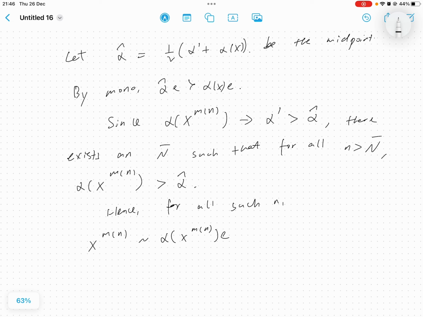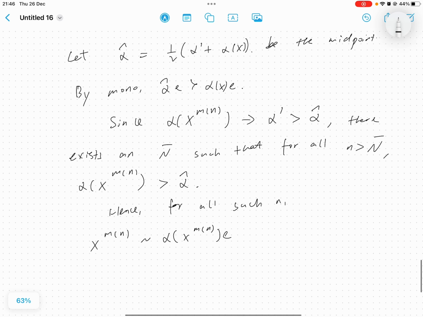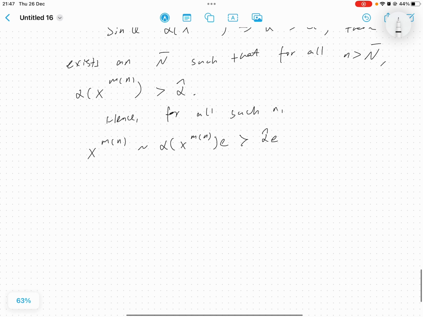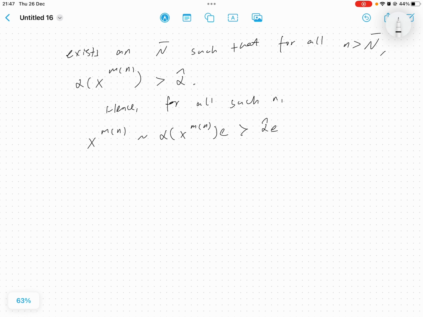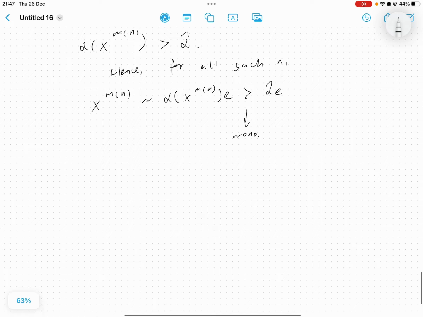Because x is indifferent to this alpha e, right? So in the limit, they are indifferent as well, and this is strictly preferred to alpha prime e by the monotonicity. Okay. Right. So this is from monotonicity.